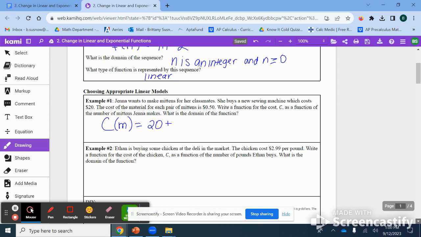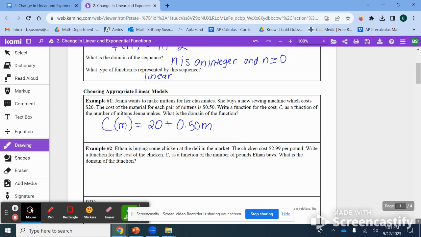So I would put 0.50m, because the 20 is being added regardless. She buys a new sewing machine, costs 20. So regardless, she's already paying 20 bucks. The cost for the materials for each pair is 50 cents. It's 50 cents for each pair of mittens. 20 bucks was standard. 50 cents is what each mitten will cost.